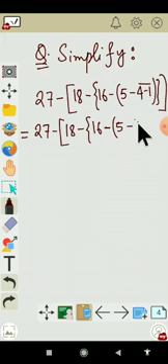If you subtract 4 and 1, you will get 4 plus 1.